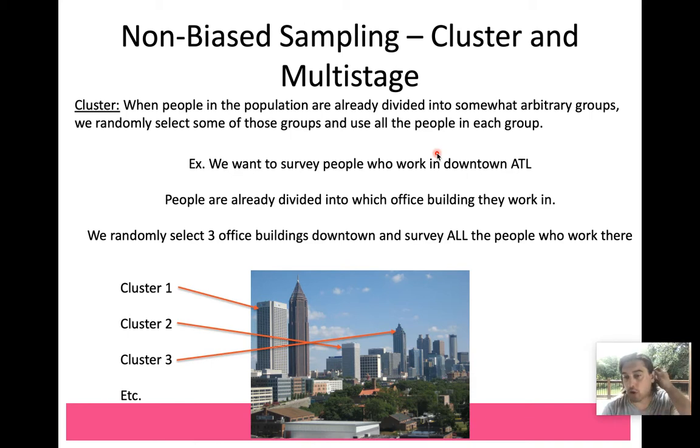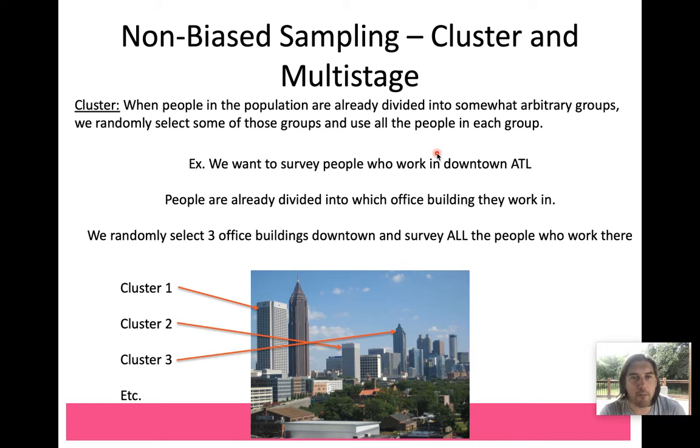Let's say you work for MARTA, or the city of Atlanta, and we want to understand commuter behavior. How do people commute in Atlanta? How far are they commuting from? What type of transportation? Are they carpooling? Right? What's going on? We want to understand commuter behavior for people who work in downtown Atlanta.